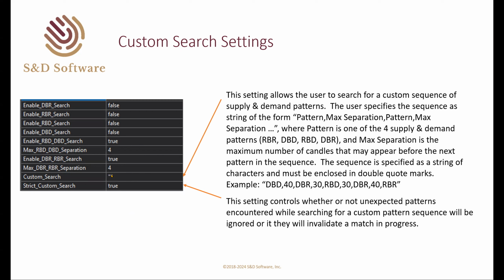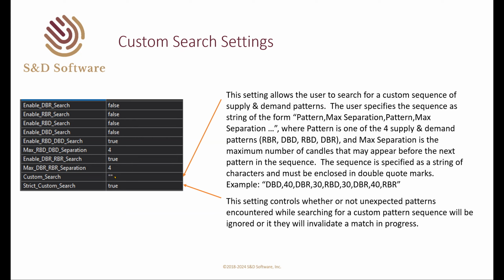And you can see by default, there's an empty string there. Basically, it's 2 double quotes side by side. So you're going to want to insert your string in there between the double quotes. And you're going to specify the patterns and the maximum separation between the patterns.